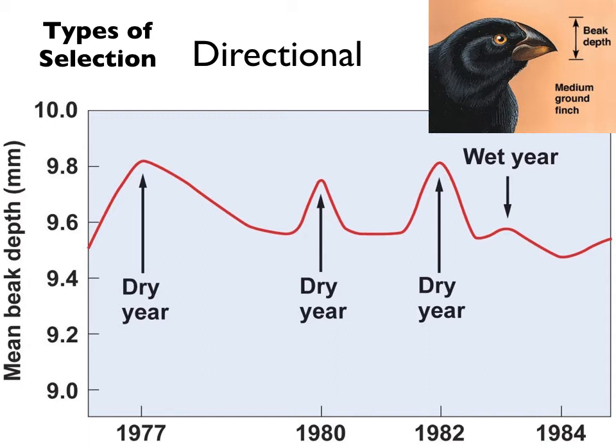In years when it was dry, the size of the finches' beaks increased quite dramatically. This increase in beak size is due to the ability of individuals with larger beaks to survive when there's a drought because they can eat larger things that they wouldn't normally eat.